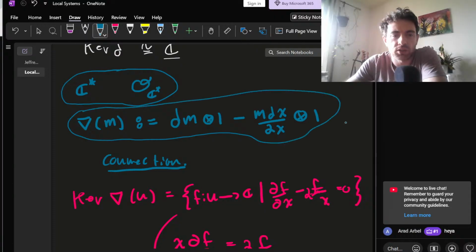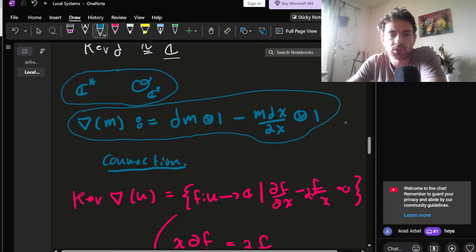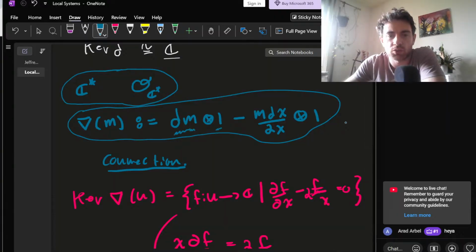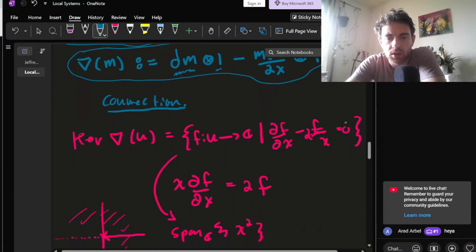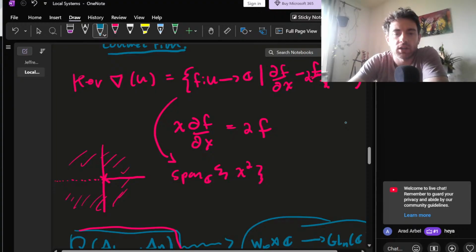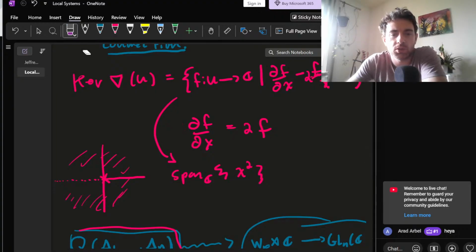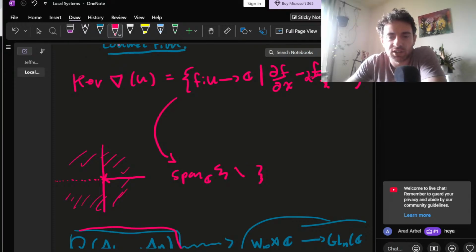So basically it takes a function, spits out the exterior derivative of that function tensored with 1 minus that function over 2x dx tensored with 1. And yeah, I was being crazy and stupid, as one often does at this time in the morning. And really, this is the span of x to the 1/2.